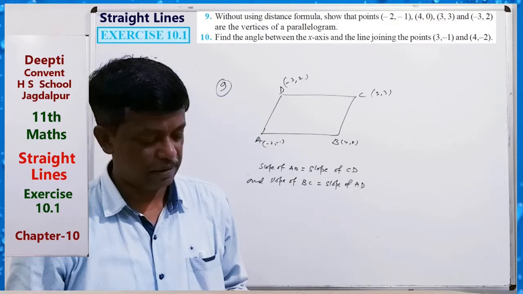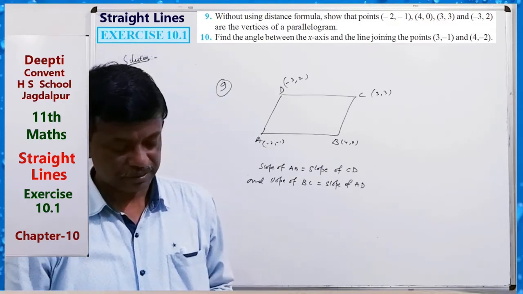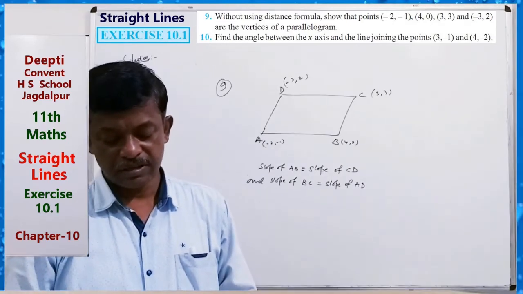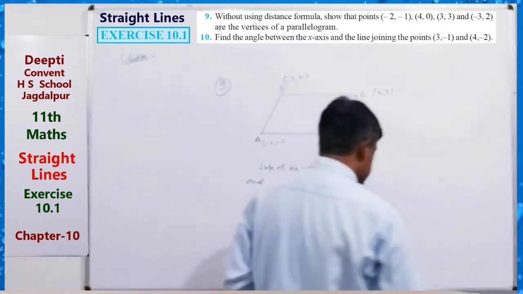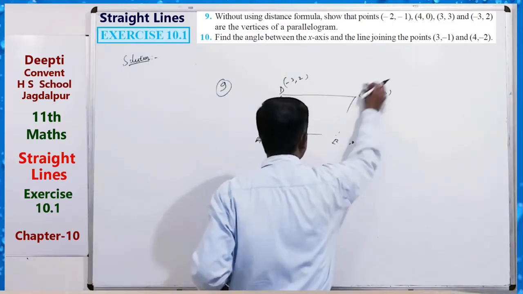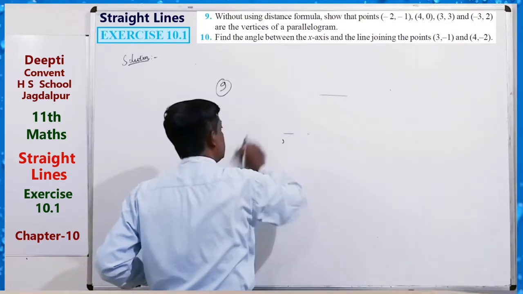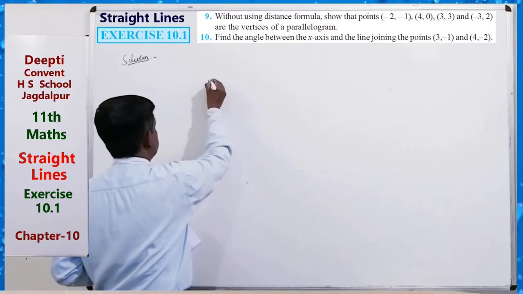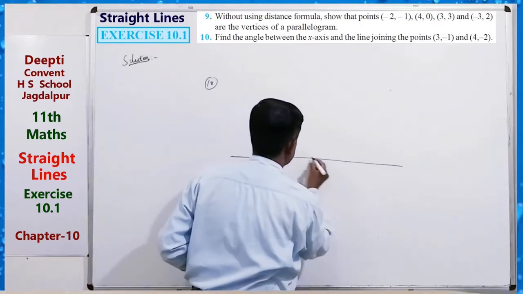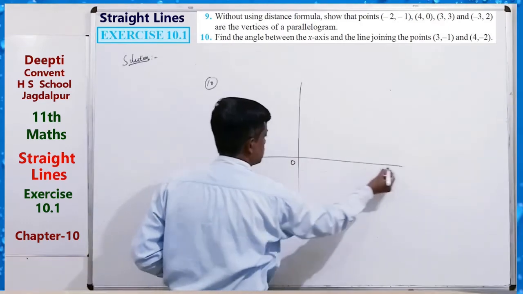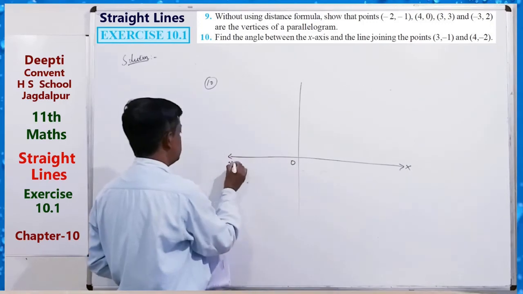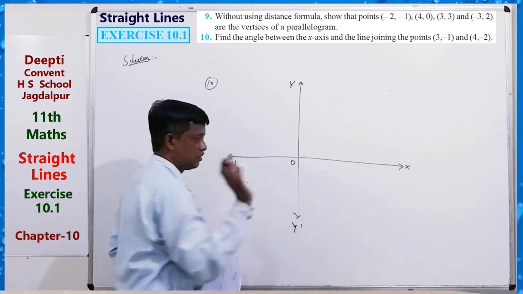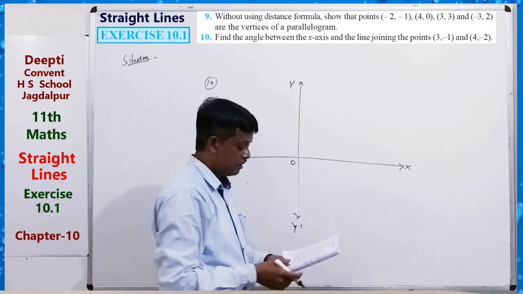Okay. Now question 10: find the angle between the x-axis and the line joining the points (3, -1) and (4, -2).